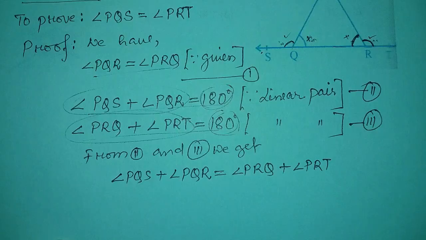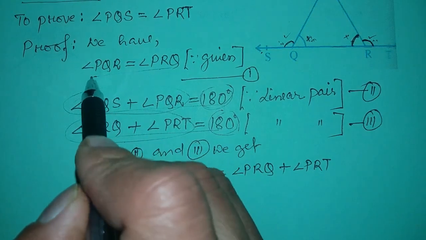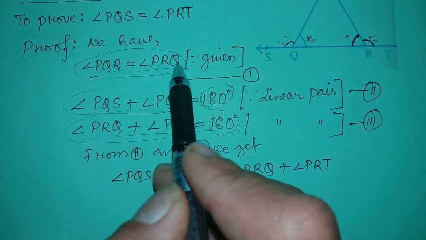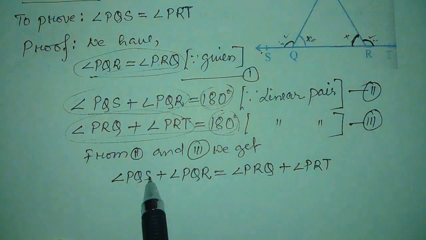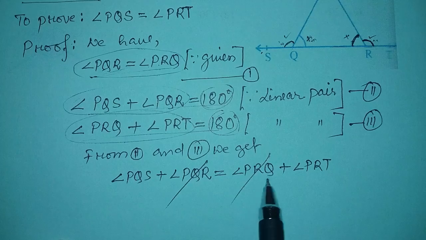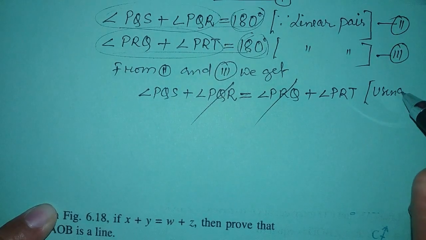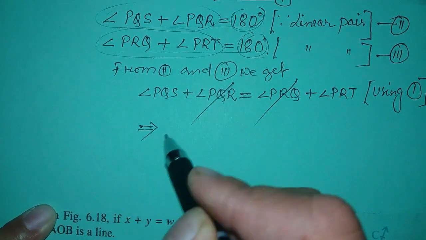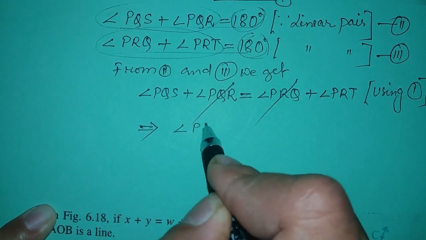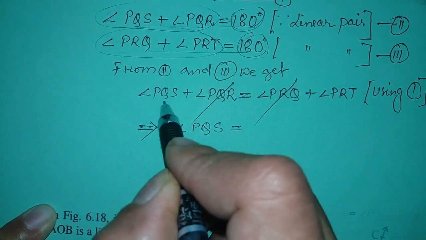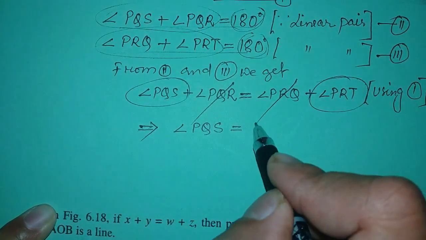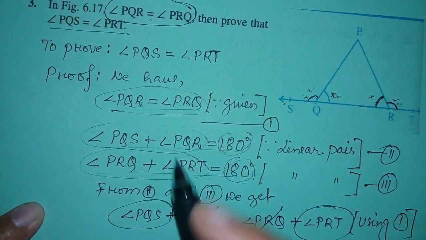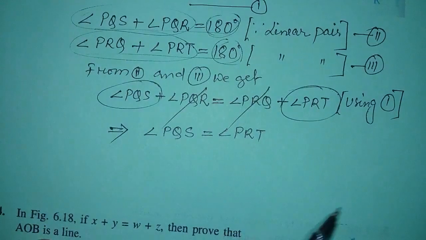Now as given by the first equation, angle PQR is equal to angle PRQ, we can cancel PQR and PRQ using 1. So finally what we got is angle PQS is equal to angle PRT, which is what we are trying to prove. So hence proved.